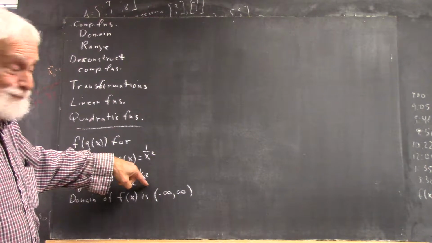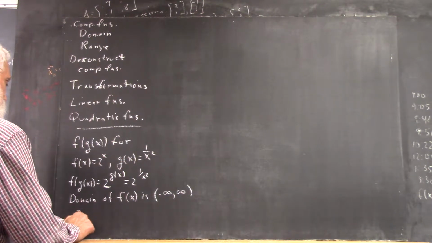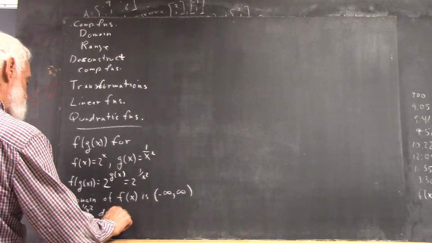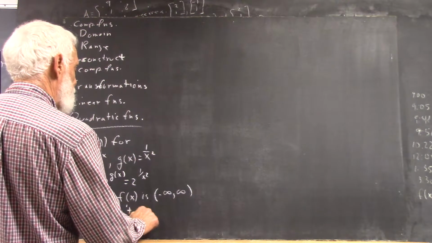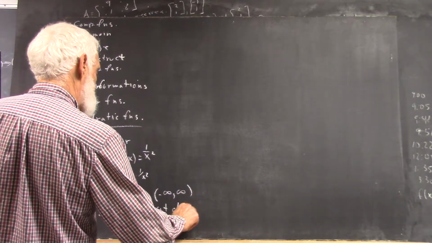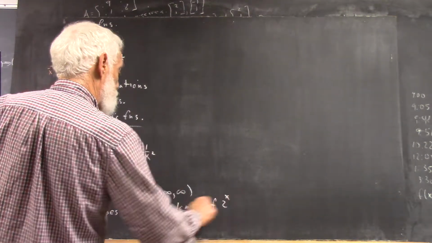Okay? So, 2 to the 1 over x squared doesn't inherit the domain of 2 to the x.